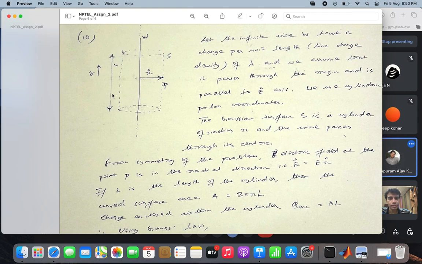The electric field is always radially outwards from the wire, because this wire has a uniform charge.